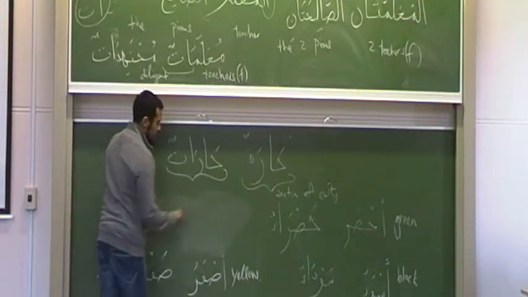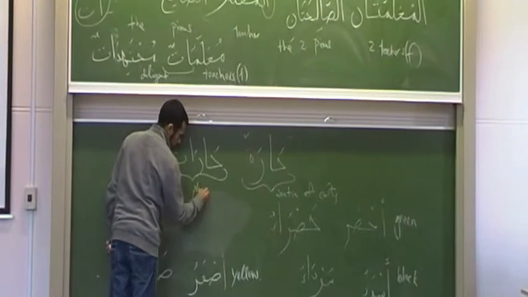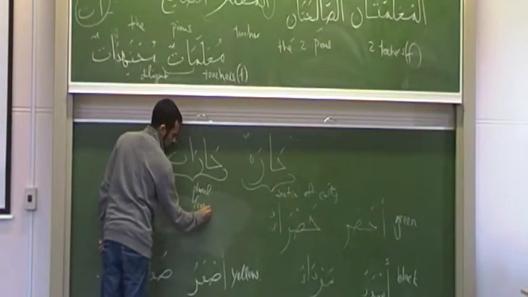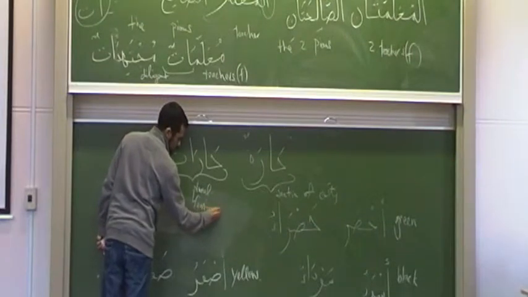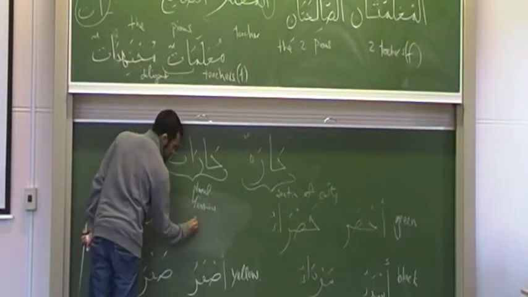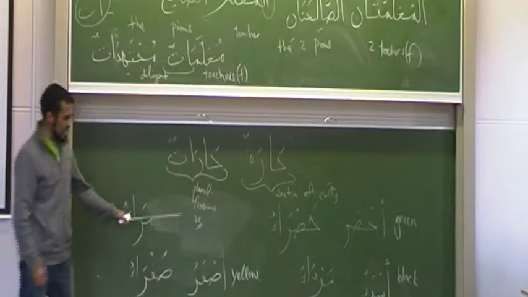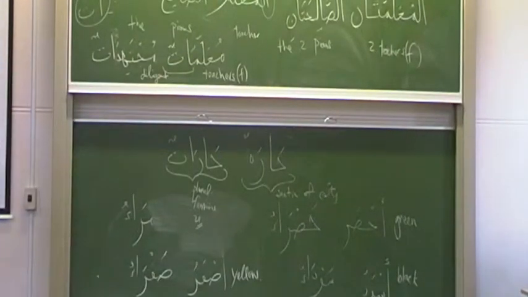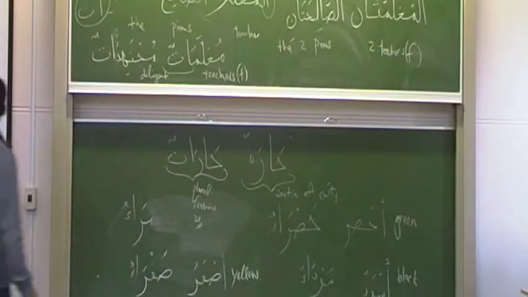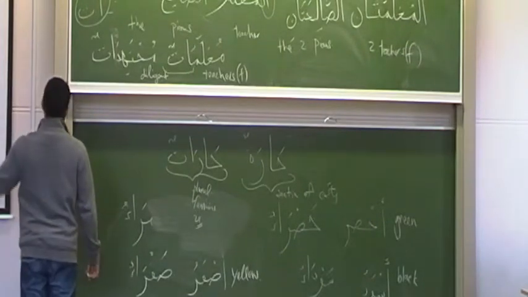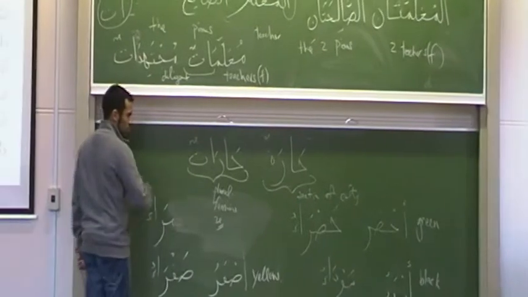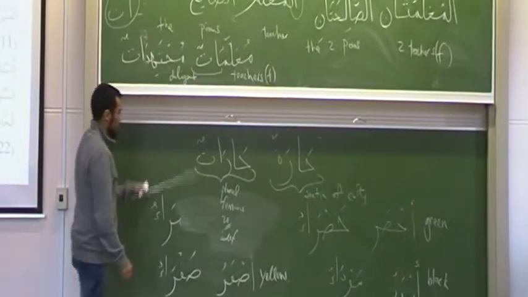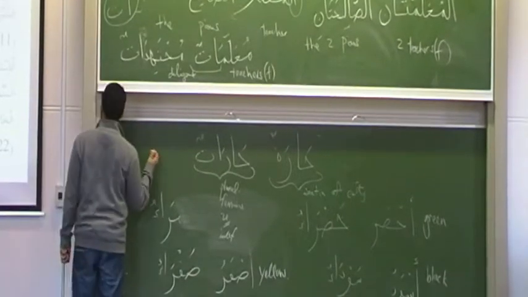Okay, Harat is plural. It's also feminine. It ends with Dhamma. For now, it doesn't matter if it's double Dhamma or single Dhamma. In these cases, some must agree in indefiniteness. It's also indefinite. Okay. Nadhifatun.